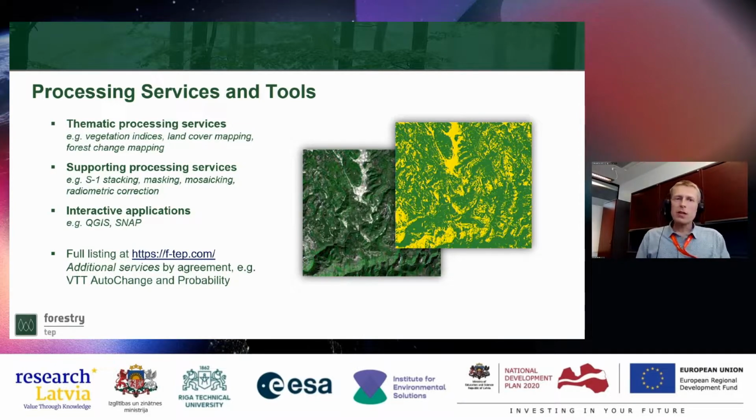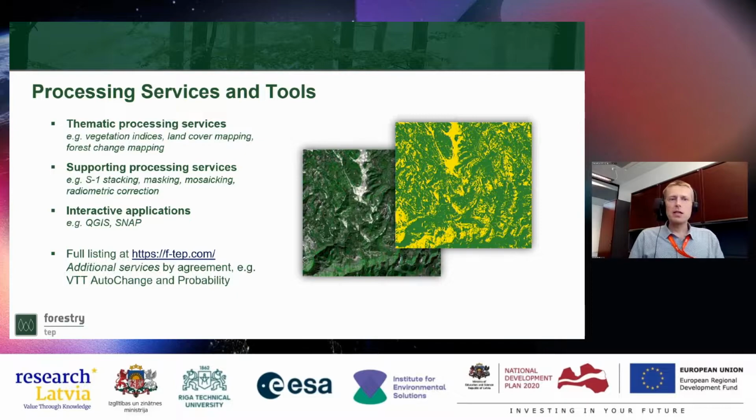And then, what are the processing services and tools available on the platform? We can group those into three basic categories. First, we have what we call thematic processing services, which means that you can produce some kind of products like vegetation indices for a certain area of interest, or land cover mapping, or forest change mapping.